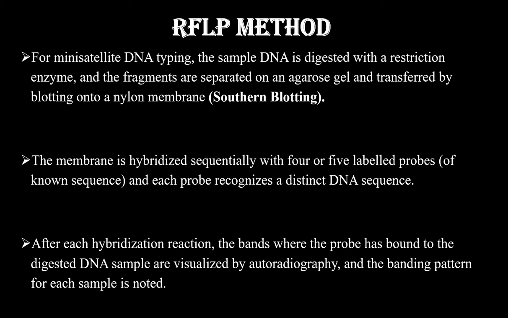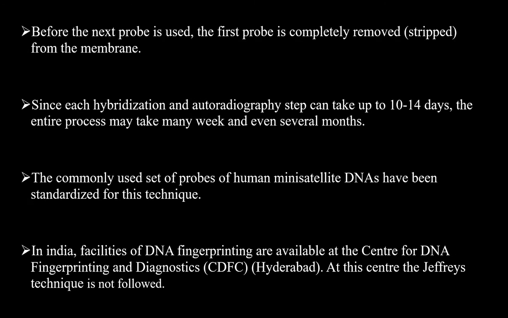And each probe recognizes a distinct DNA sequence. After each hybridization reaction, the bands where the probe has bound to the digested DNA sample are visualized by autoradiography, and the banding pattern for each sample is noted.